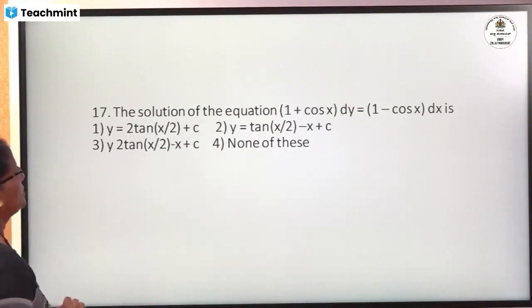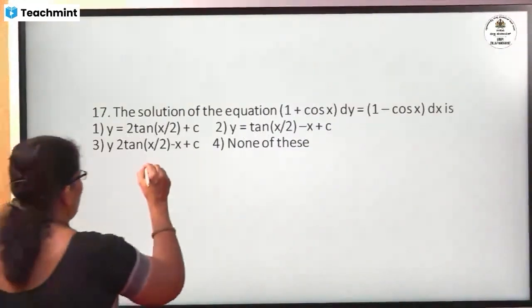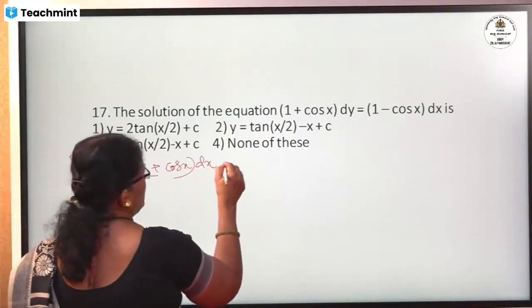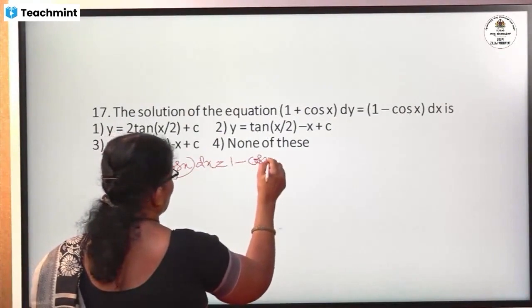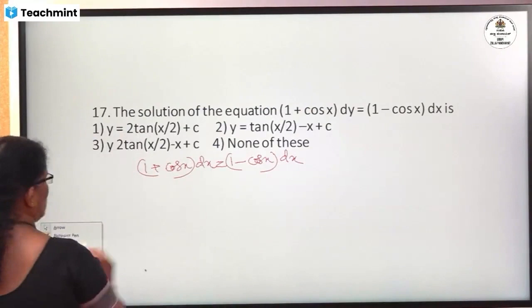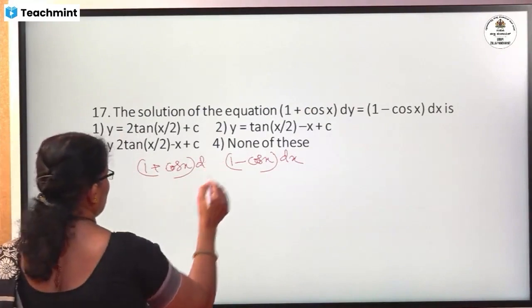Correct? Next one, 1 plus cos x into dy equal to 1 minus cos x into dx.